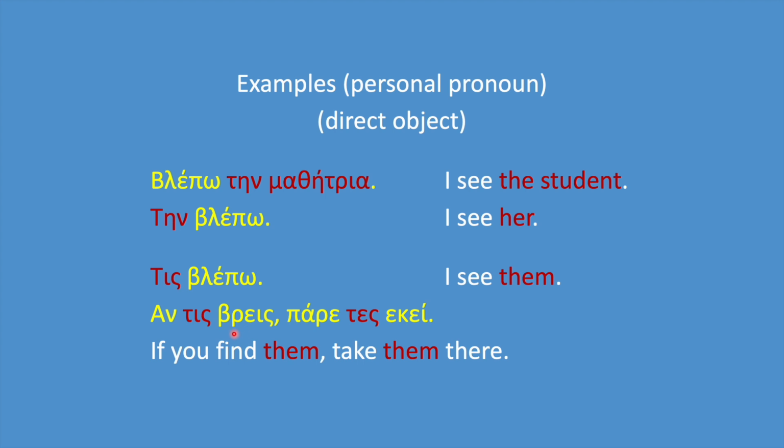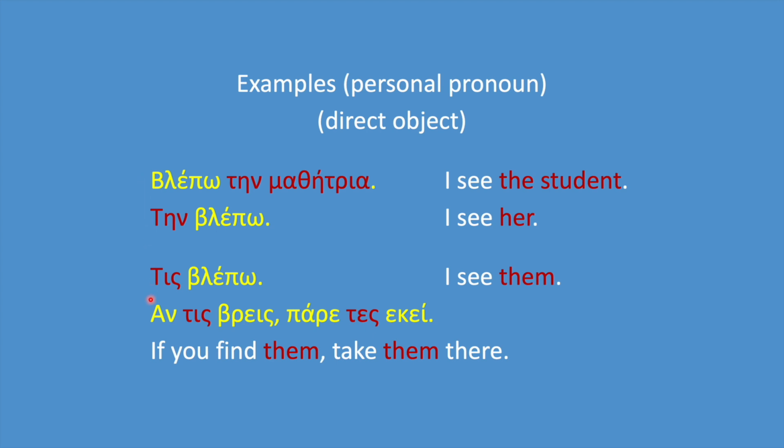The rule is that before a verb, we use τις, while after a verb, we use τες. But in everyday language, we can use τες even before a verb. However, after the verb, we must always use τες, never τις.